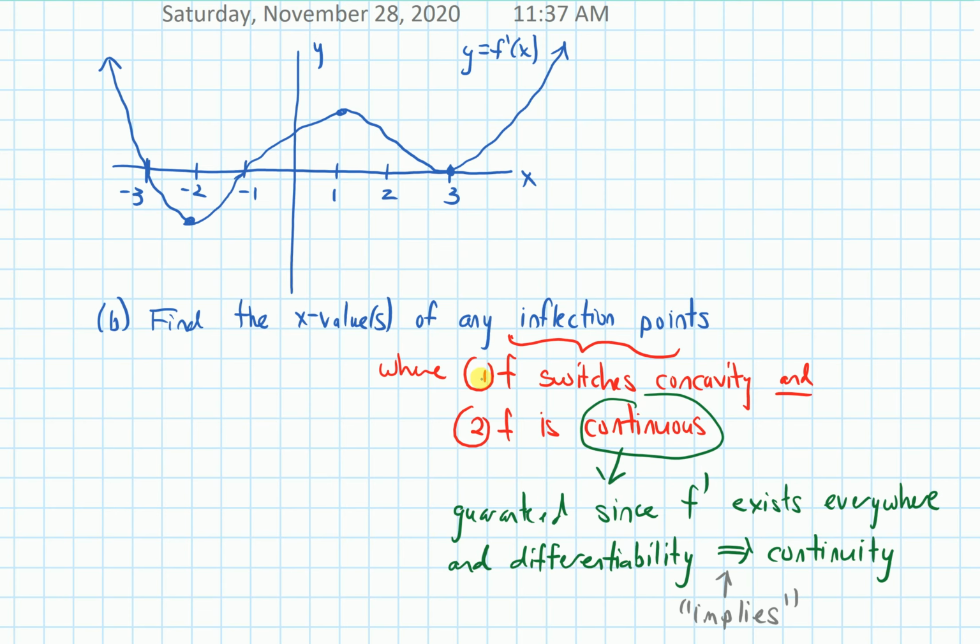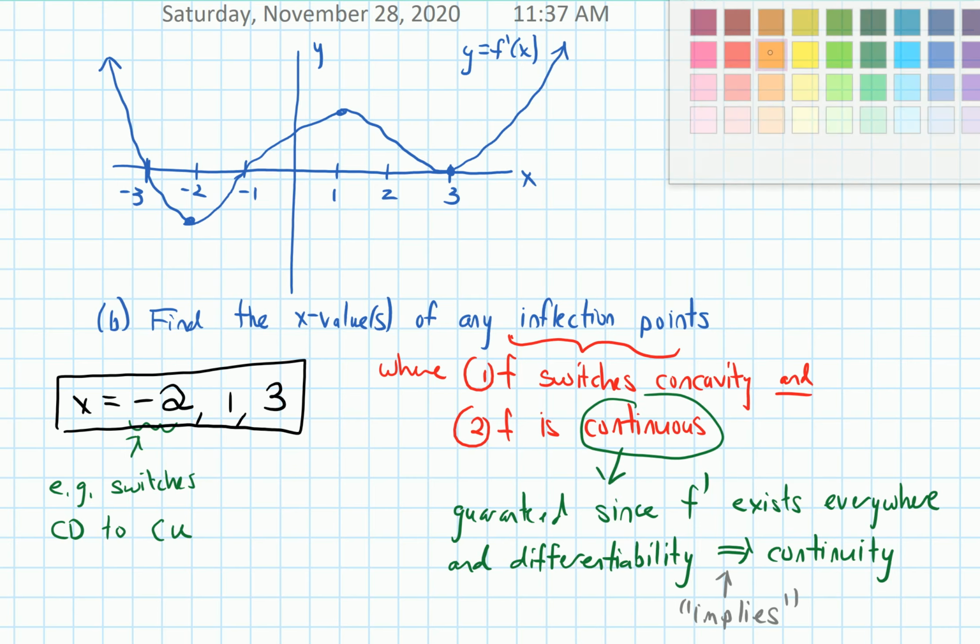Instead, we just get to focus on where f switches concavity. Well, that happens at -2. At -2, our function switched from concave down, because the derivative was decreasing before -2, to concave up, because the derivative was increasing after -2. So that was one value where the concavity switches, and then it's also 1, and then it's also 3. And those are going to be my answers.